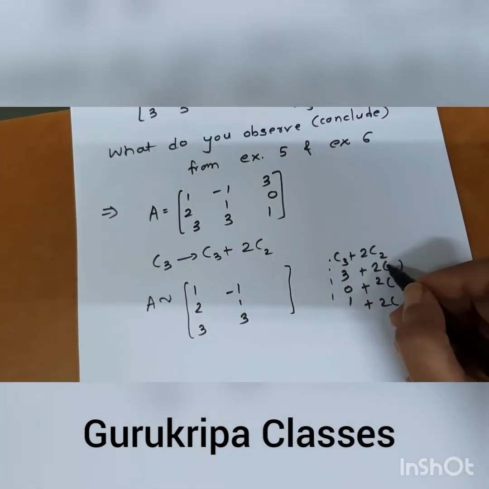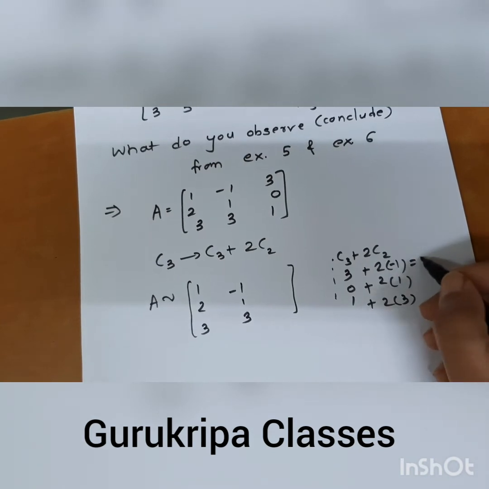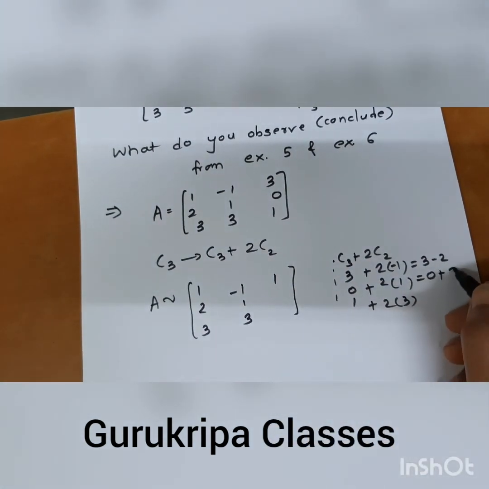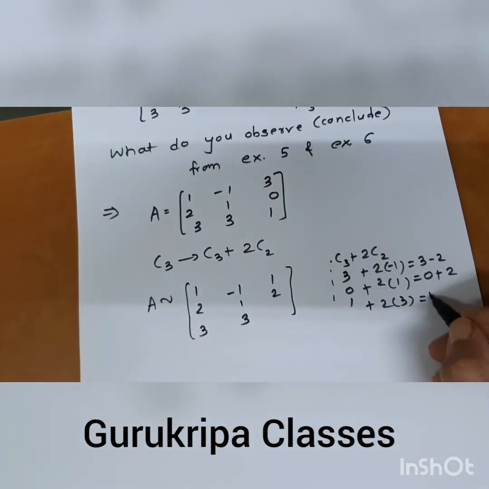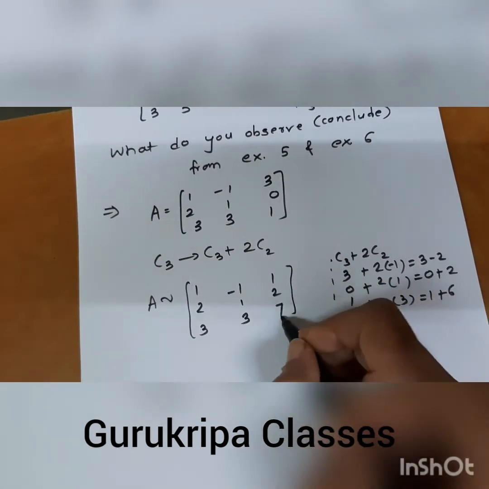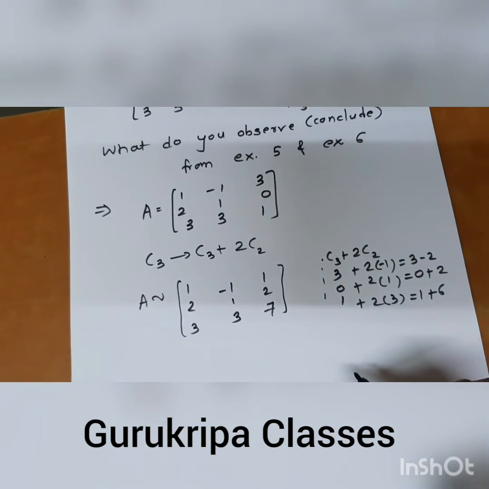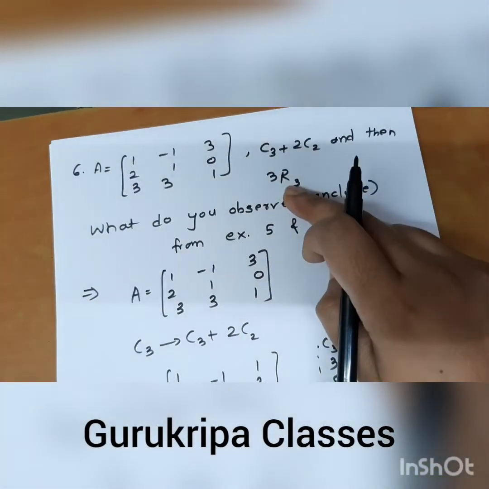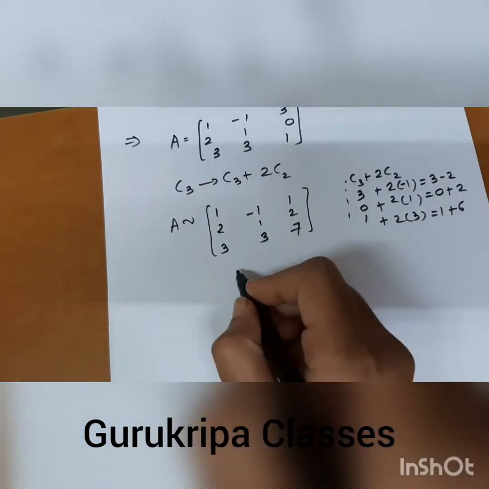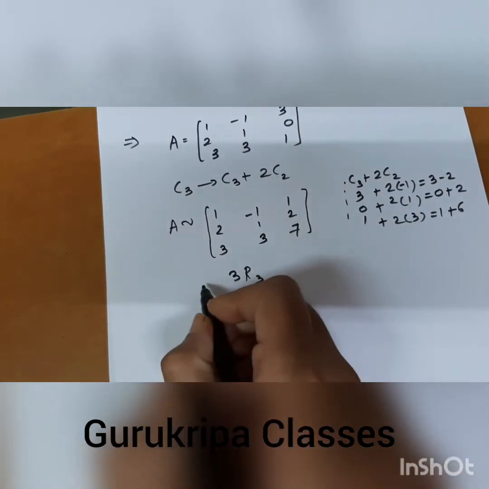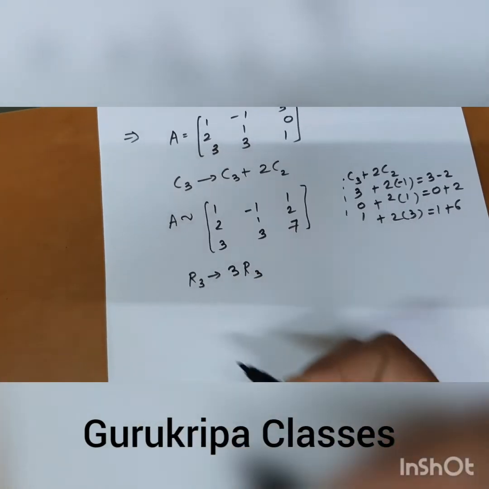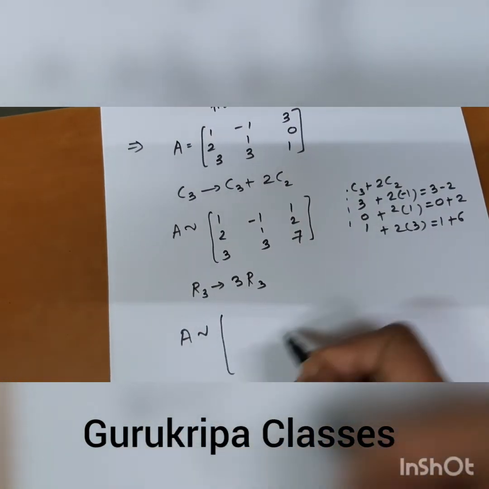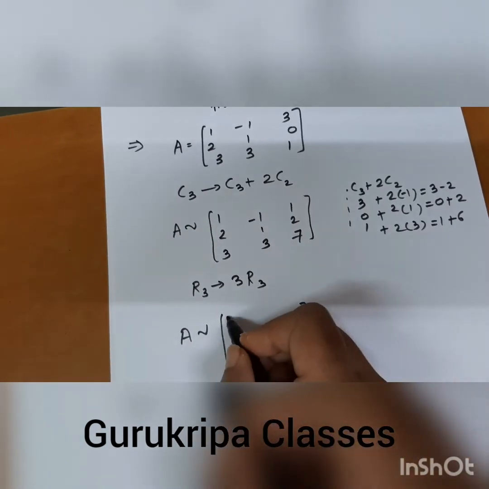Minus 1, 1, 3. 3 minus 2 is 1, 0 plus 2 is 2, 1 plus 3 2s are 6, is 7. This is the first operation, C3 plus 2 C2. And then 3R3. So 3R3 means what? R3 changed to 3R3.